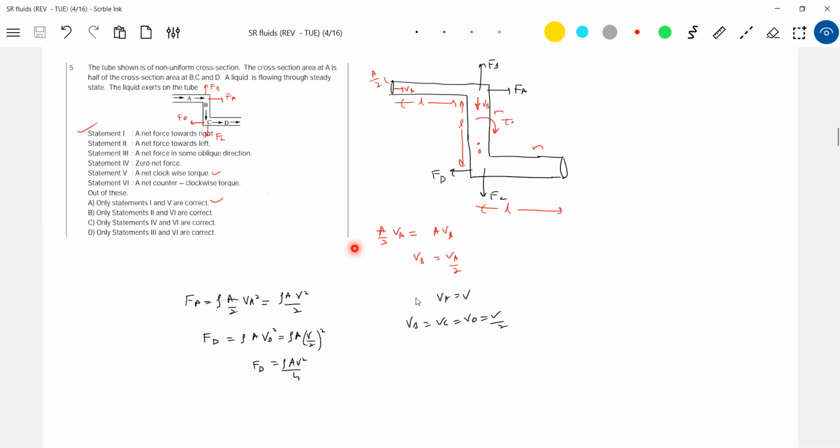Okay, it lies in a non-uniform cross-section.